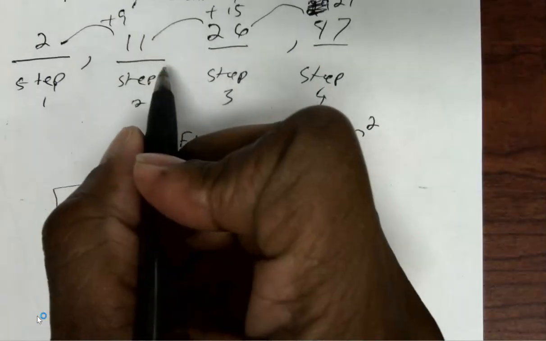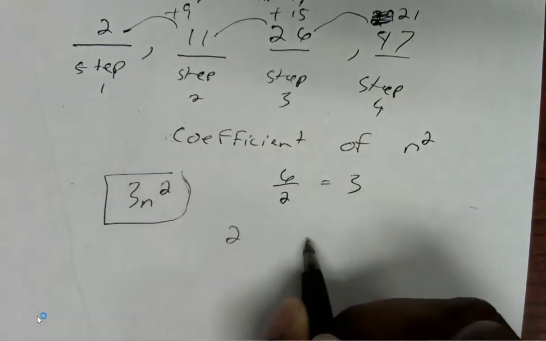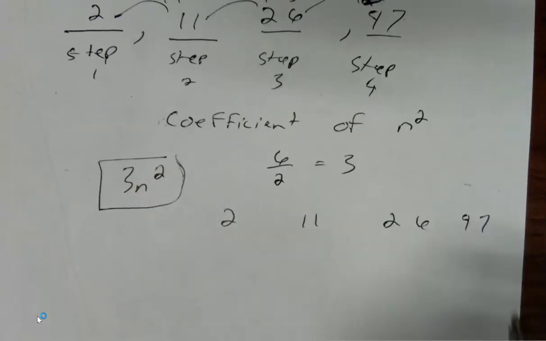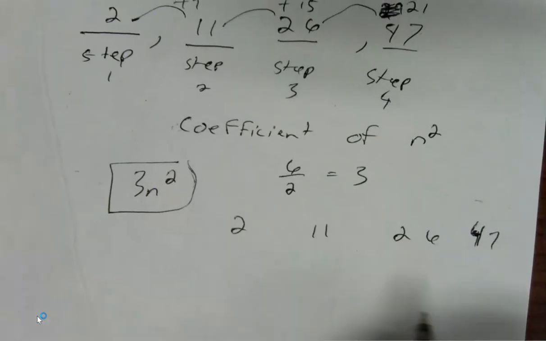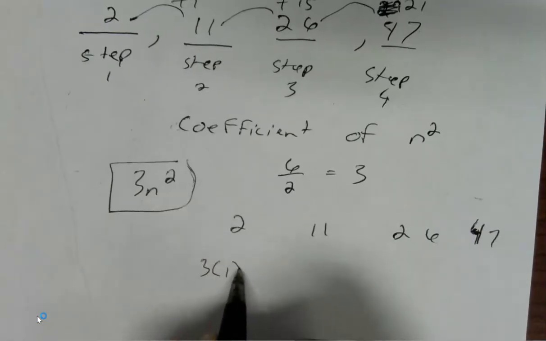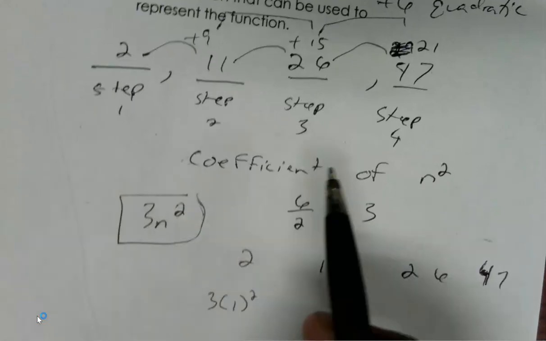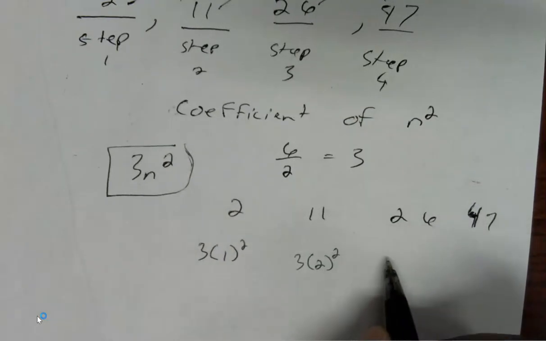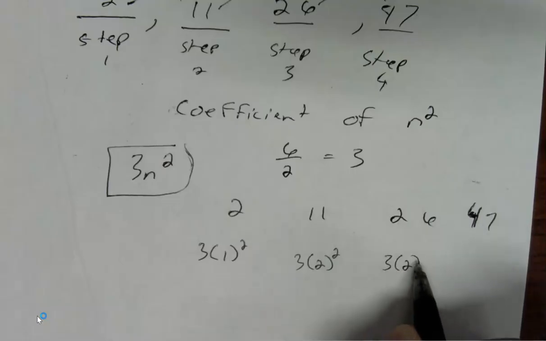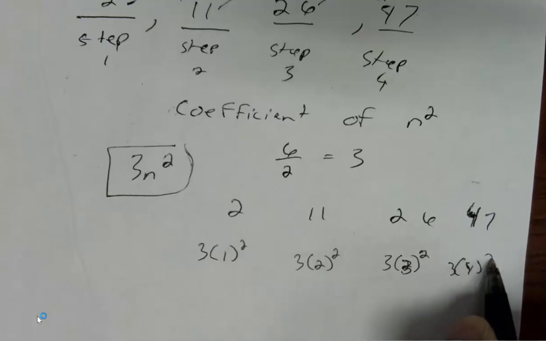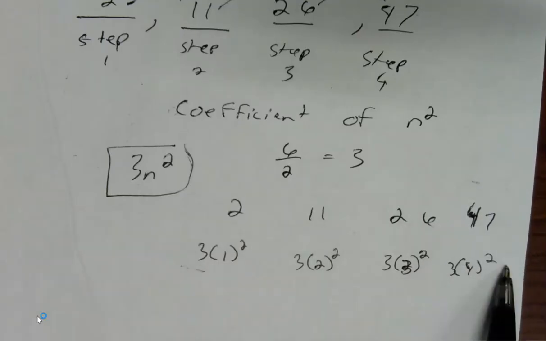And then I'm going to rewrite all these numbers again: 2, 11, 26, and 47. Instead of having just 1 squared, it's going to be 3 times 1 squared, because that's step 1. There's going to be 3 times 2 squared for step 2, 3 times 3 squared, and then 3 times 4 squared for each one of those steps.